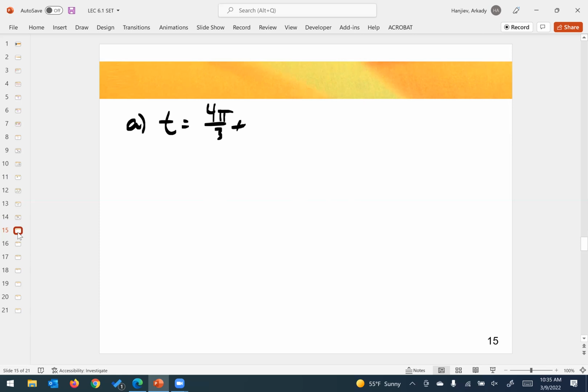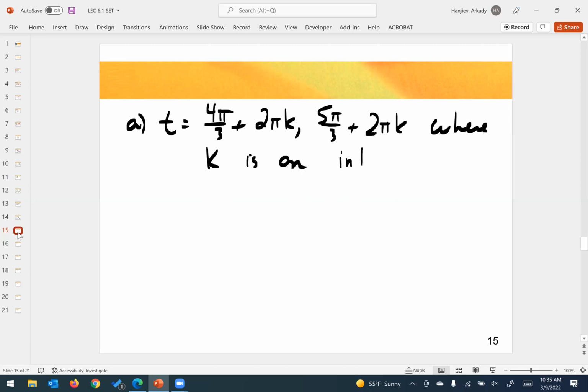Oh, wait, no. Those are 2 pi. 2 pi, that's right, 2 pi k. Next one would be 5 pi over 3 plus 2 pi k, where k is an integer.